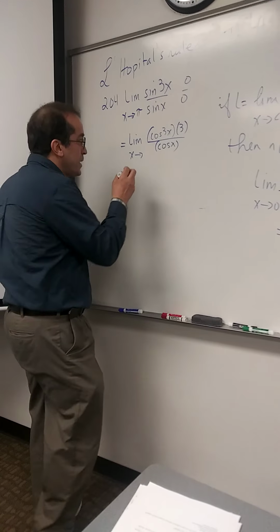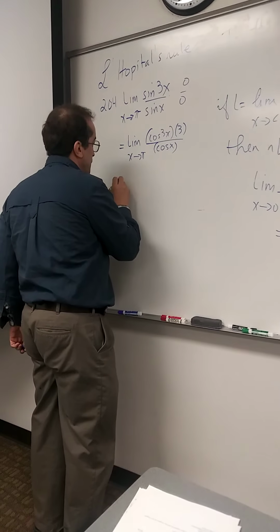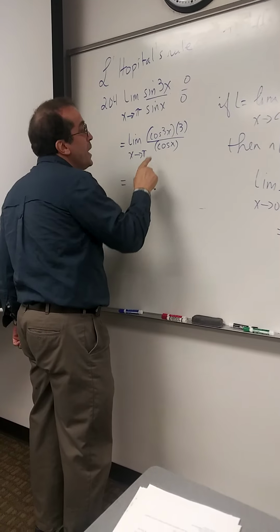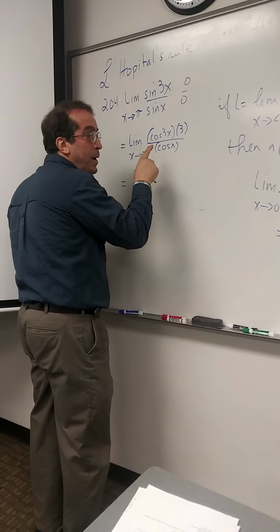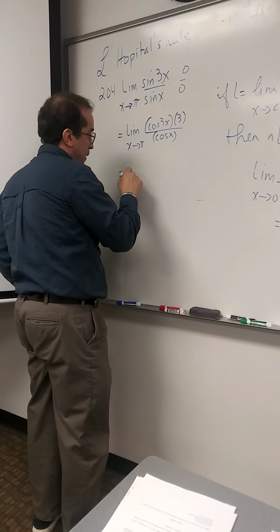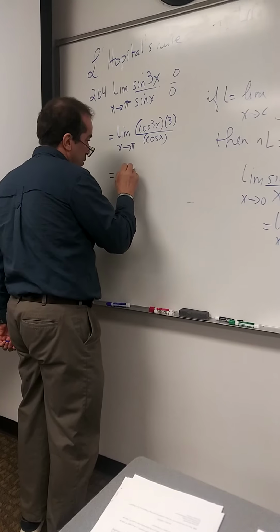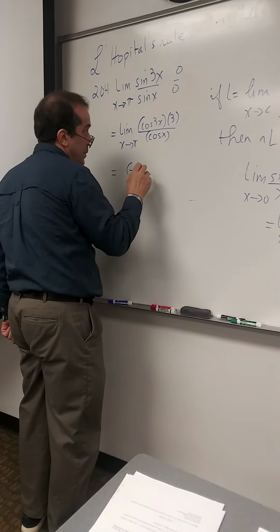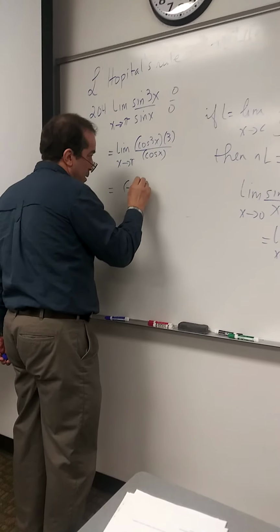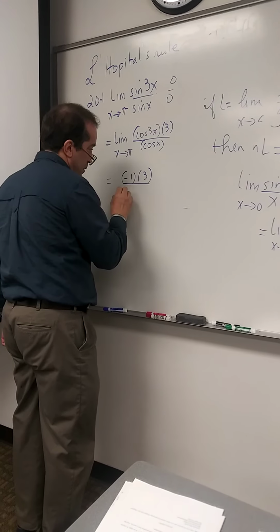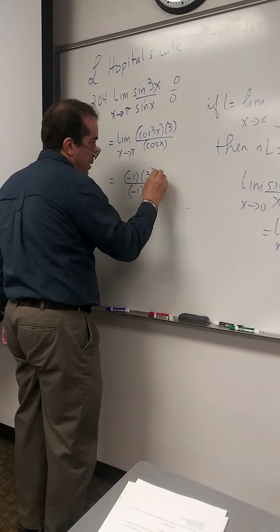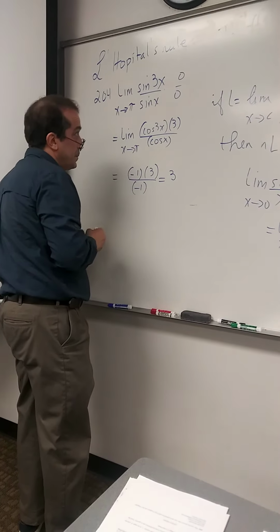Now we're going to substitute x equals pi. Cosine of 3 pi is the same as cosine of pi, and that's equal to negative 1, times 3. And the answer is negative 3.